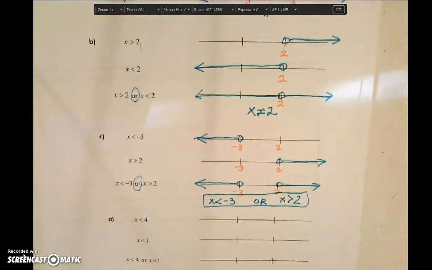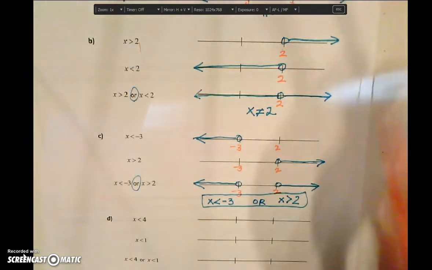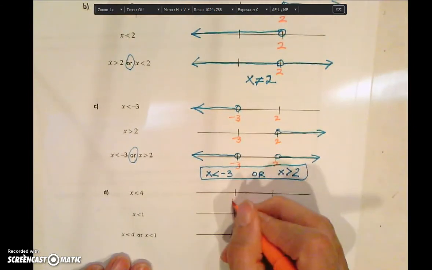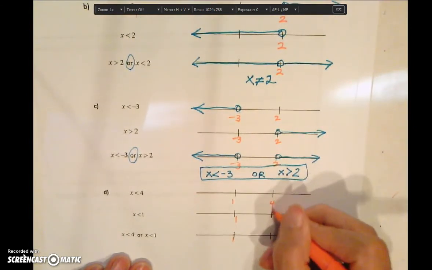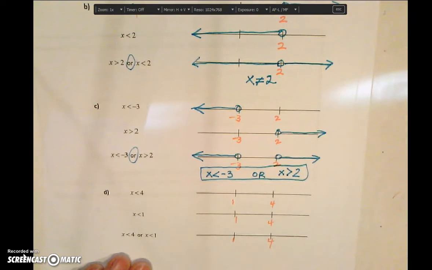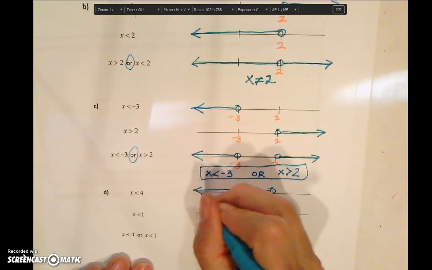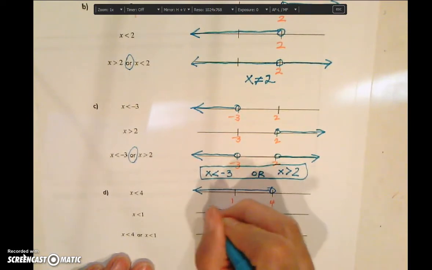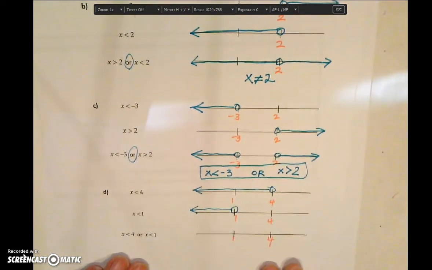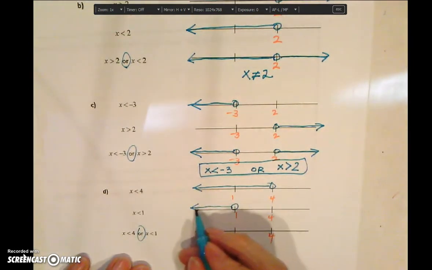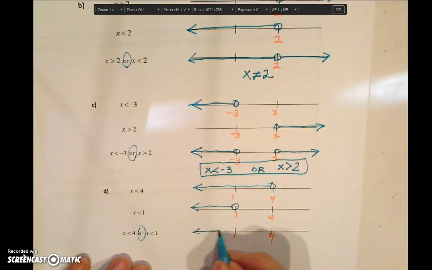So I either have x is less than negative 3 or x is greater than 2, either one of those two things. And then D, example D here, I have a 1 and a 4. So I'll put 1s here, 4s here. And I have that x is less than 4. I have x is less than 1. And I'm going to do an or. So that means I need to have all these numbers here.